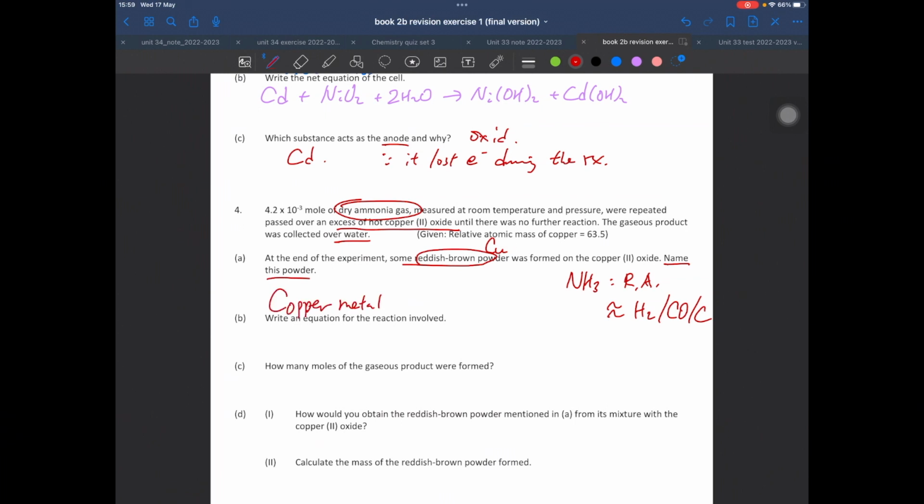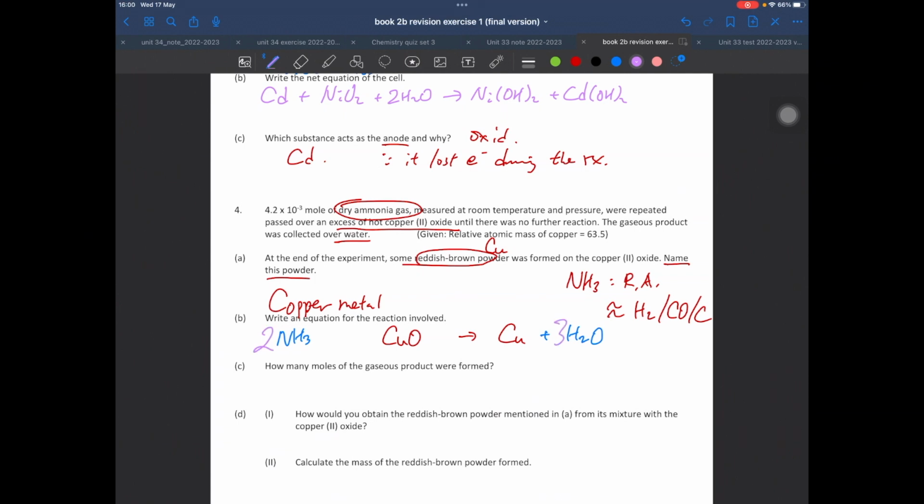And the equation involved. First, we understand copper(II) will become copper. What about ammonia? According to the equation, hydrogen in ammonia will turn into water at the end. So in order to balance the number of hydrogen, let's see. On left hand side we got 2, so on right hand side we got 3. The coefficient is easy.